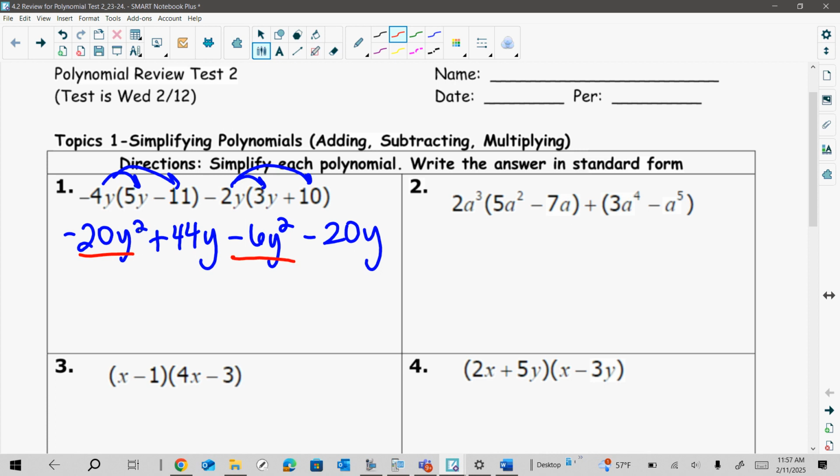We do not add the exponents. We just add the number in front. So this is a negative 26y squared. Plus we got 44y and a minus 20y. So we're going to actually take the difference between them. You're going to be left with 24y.